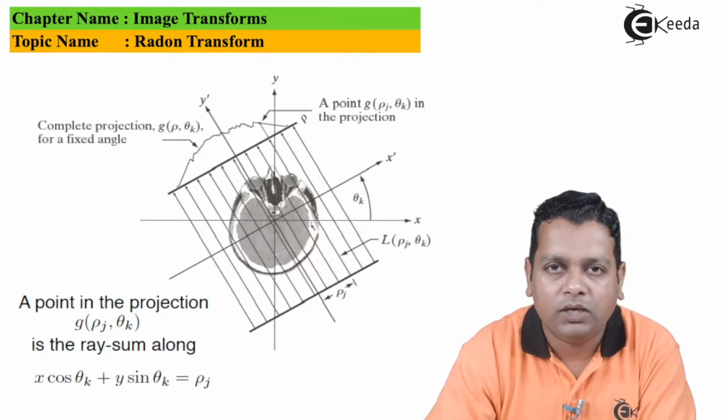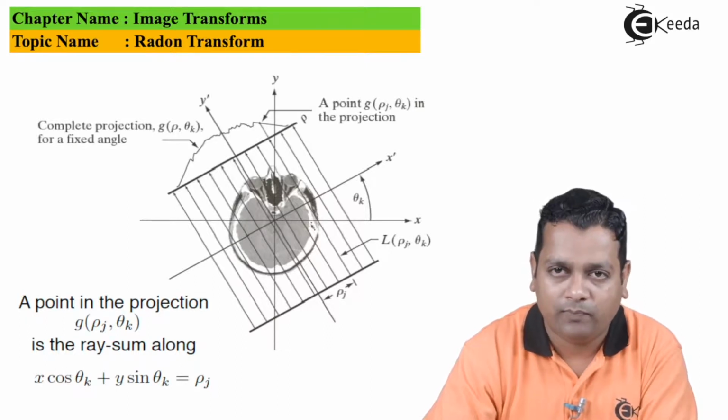So this is the complete projection g as a function of rho and theta suffix k for the fixed angle that has been shown. So the point in the projection can be represented, and this rho suffix j is actually x cosine of theta suffix k plus y sine of theta suffix k.